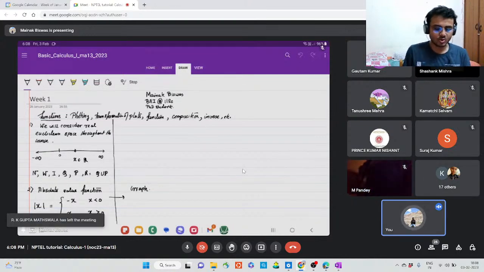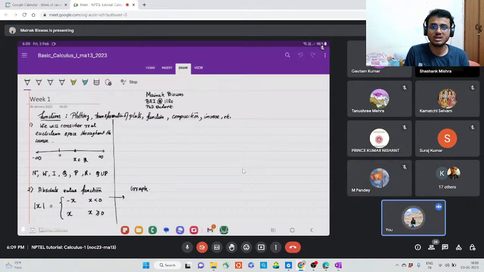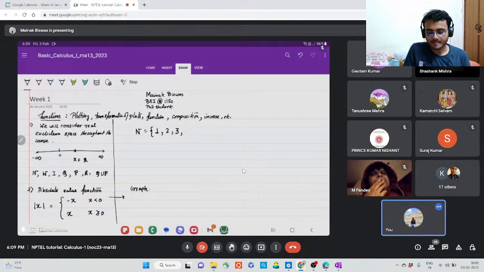Before we do that, we would assume the real number line mostly throughout the sessions in the course as well. So here I have drawn a number line. As you all know, the first numbers are the natural numbers, that are positive integers.